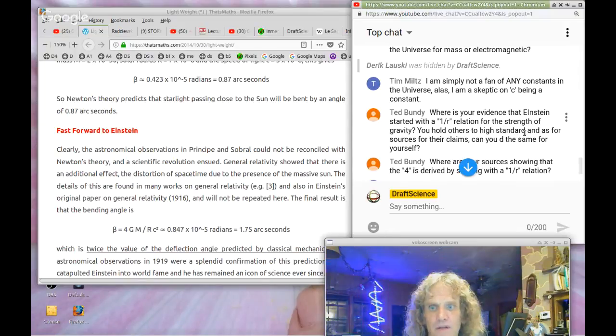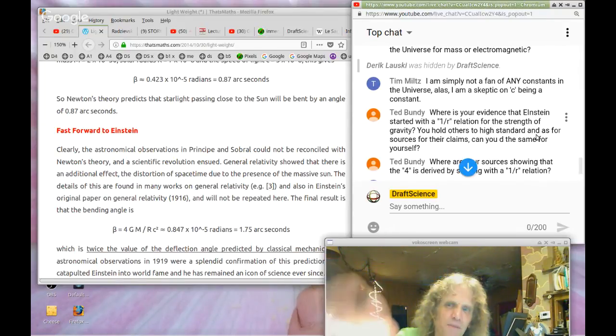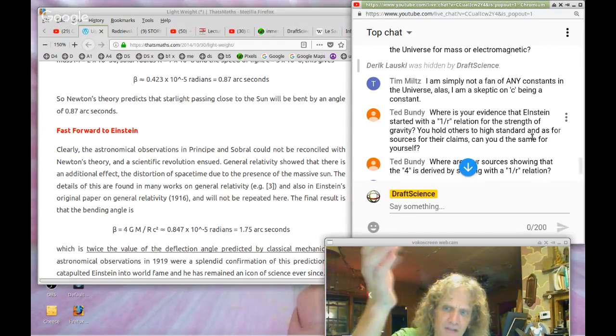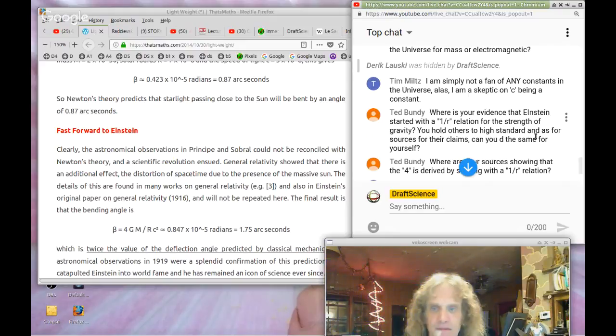You hold others to a high standard. No, I don't. You have to be barely reasonable, barely polite, and link to something barely accurate. And you can't muster that. And as for sources for their claims, can you do the same for yourself? Again, I don't have to. I'm not the one defending conventional physics.